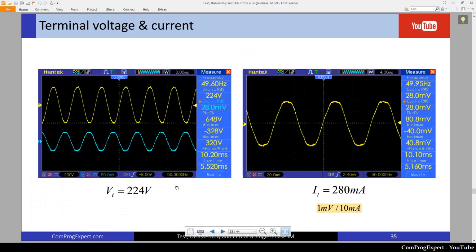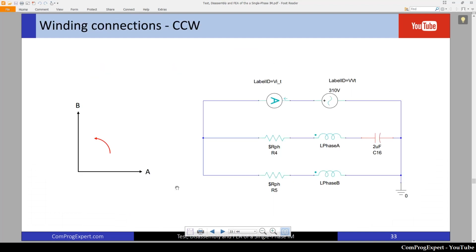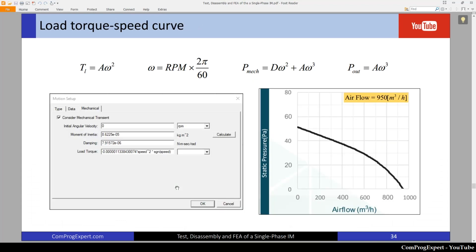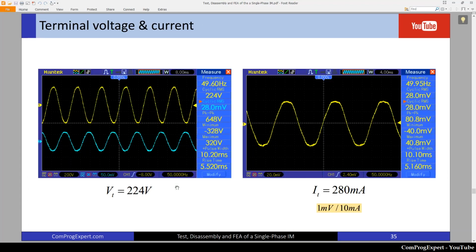So this data, I got this data from experiment. You can see the terminal voltage here and the value of terminal current. So this is the RMS value of the terminal current and RMS value of the terminal voltage.